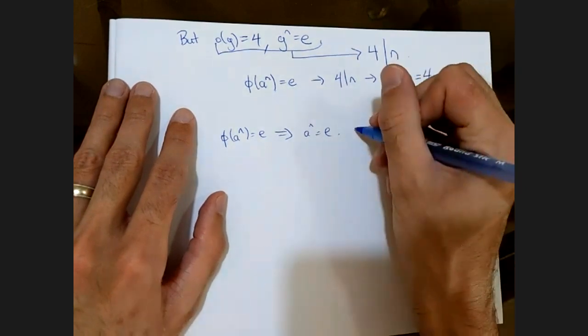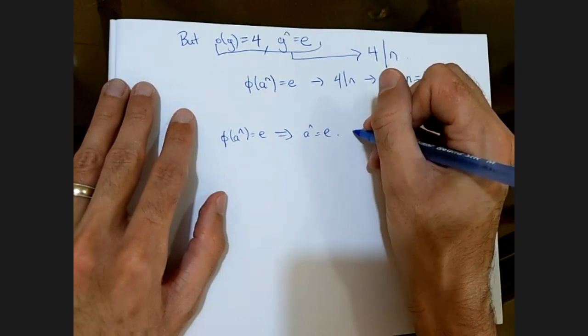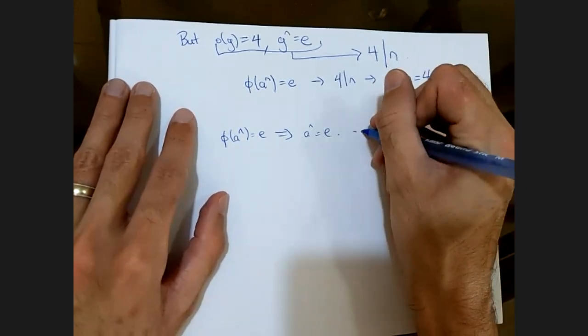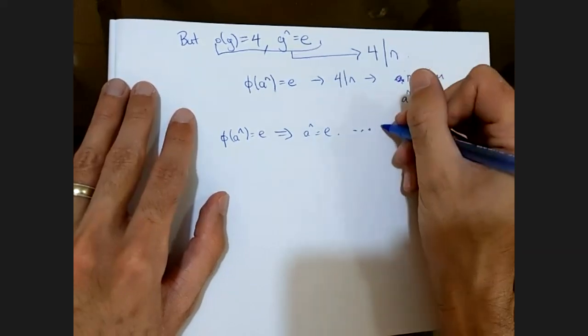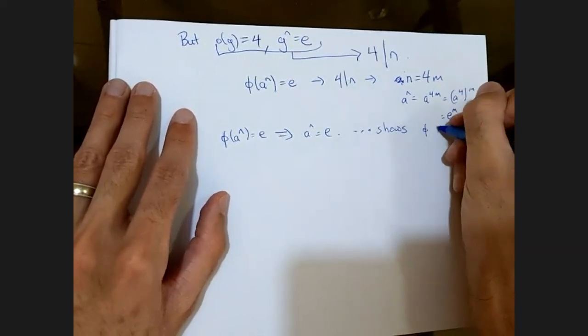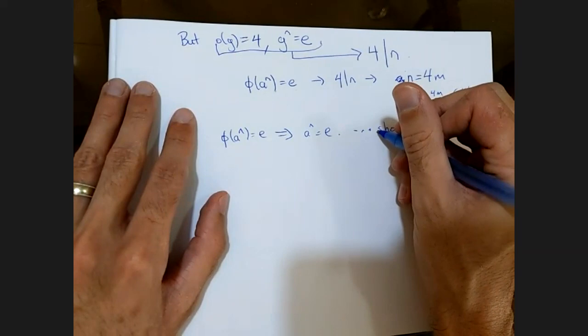And this shows phi is one-to-one, which I want to explain after we take a little break.